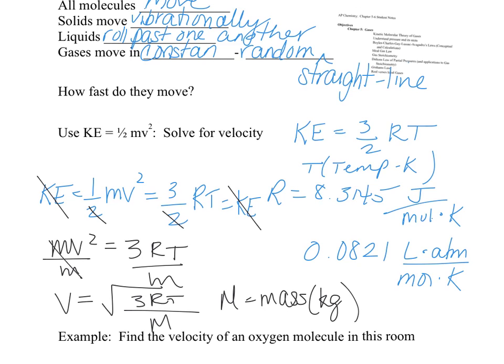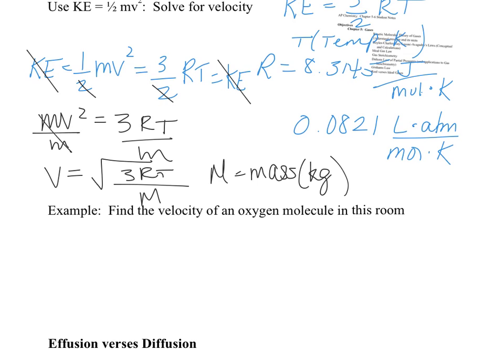But on our reference table, it's URMS. I'm going to fit this in over here. So on our reference table, it's URMS, root mean square velocity, equals the square root of 3RT over m.